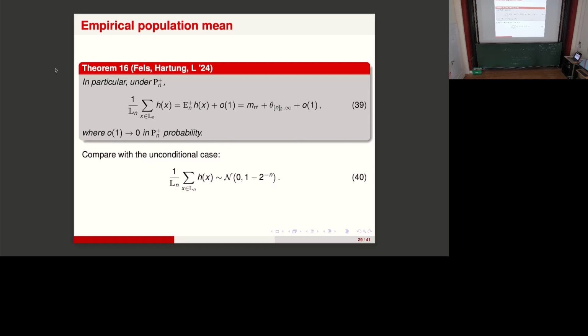If you look at the population mean under the conditional measure, this converges to mn prime plus a fluctuating constant. Once you condition the field to be positive, the population mean converges to a constant. In the unconditional case, the population mean is random, determined by the first generations. So you get convergence to a deterministic value, not random.